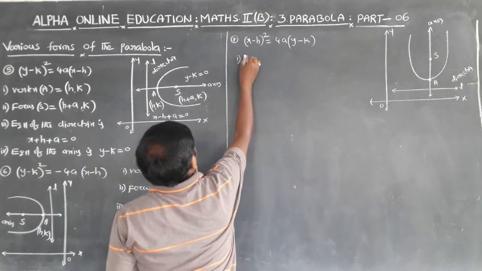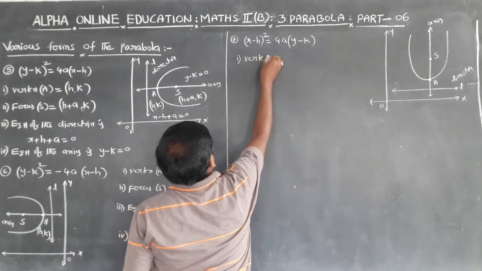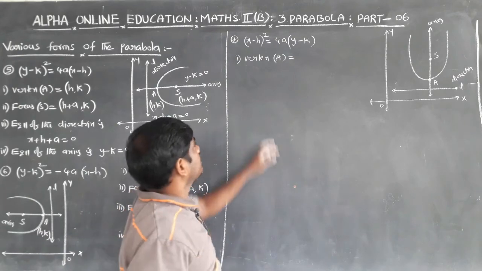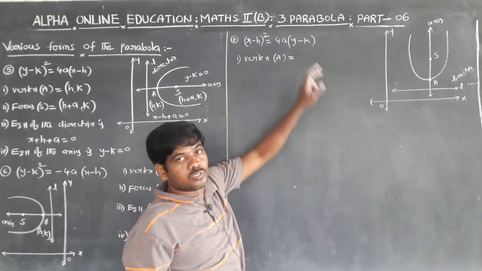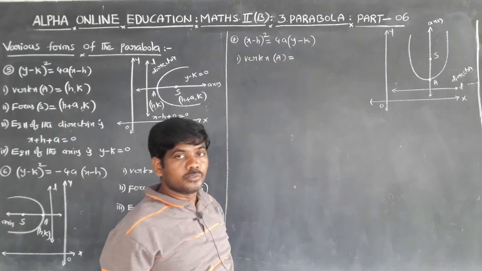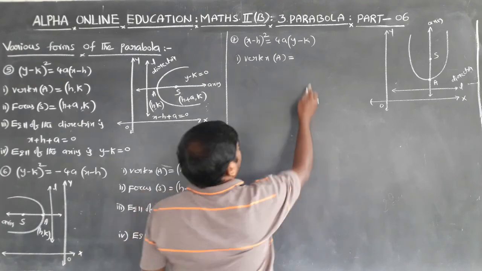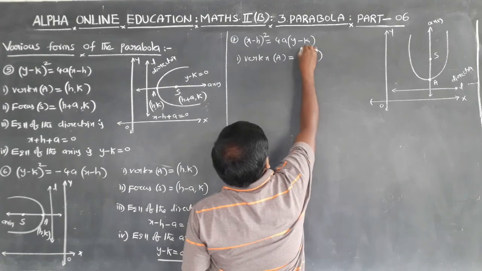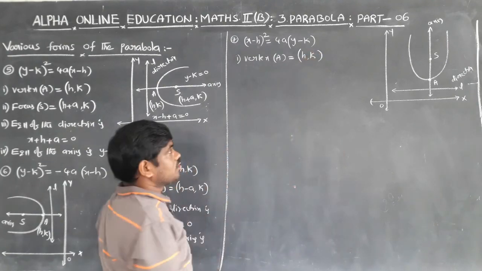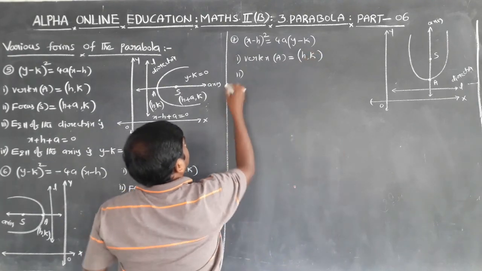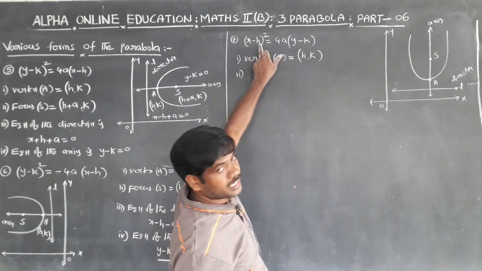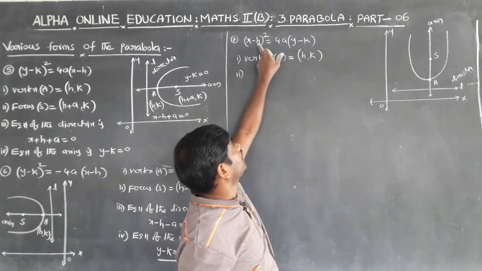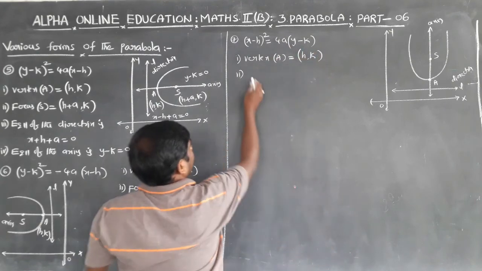Number one, vertex of the parabola x minus h whole square is equal to 4a into y minus k. Vertex h comma k. Vertex x coordinate h, y coordinate k.